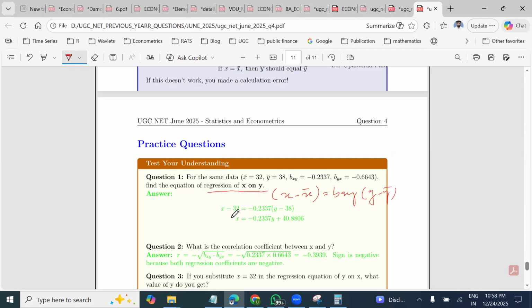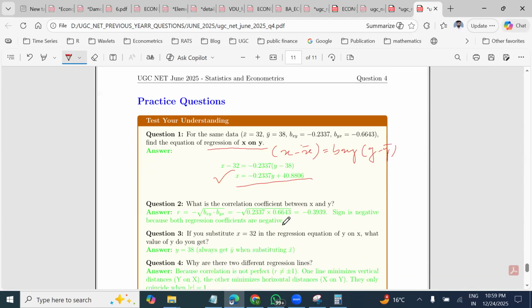So simply, x bar is given to you, y bar is also given to you, bxy is given to you, byx is given to you. Simply you replace the values. So x will be equal to, if you expand it directly, minus 0.2337 y plus 40.8806. Isn't it, Sangeeta? You will be able to solve it? Question number 1.